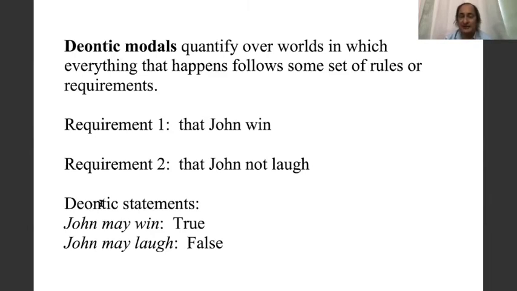Requirement two is that John not laugh. Then with respect to these requirements, the following statements come out true and false. John may win. That's true. It's allowed by the requirements. John may laugh. That's false. That's not allowed by the requirements. He's required not to laugh.